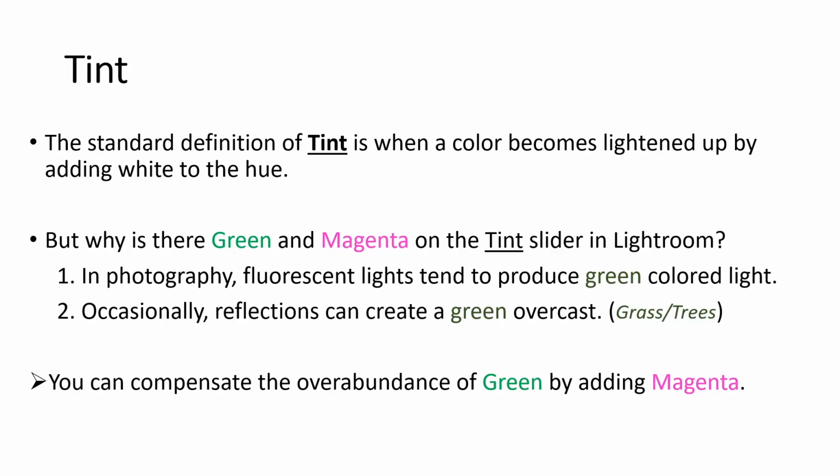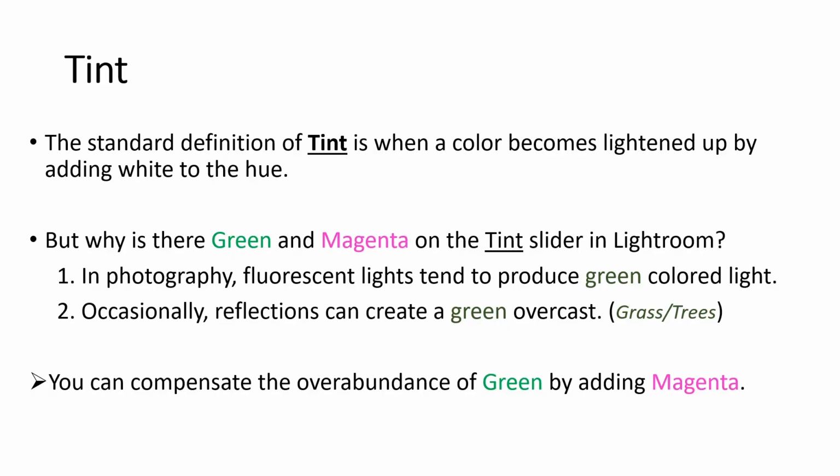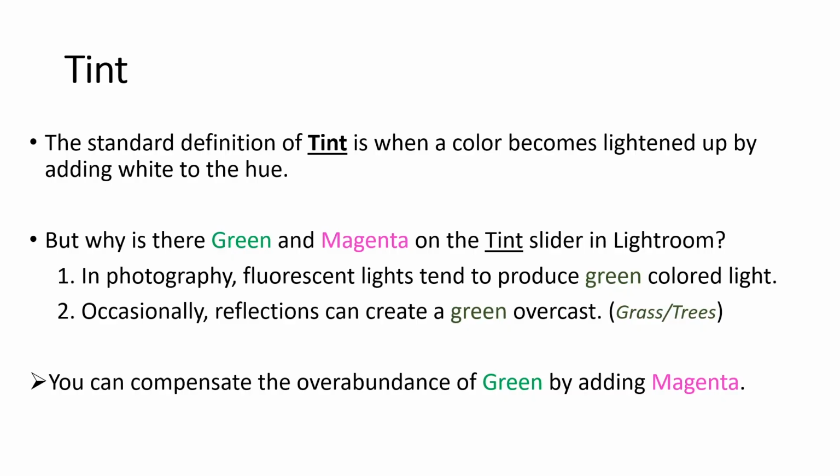Next up on the list is tint. Now the standard definition of tint is when a color becomes lightened by adding white to the hue. I teach this all the time, that tint is adding white to the hue. But in photography it's a little bit different. Why is it that in Lightroom you have green and magenta under the tint slider?